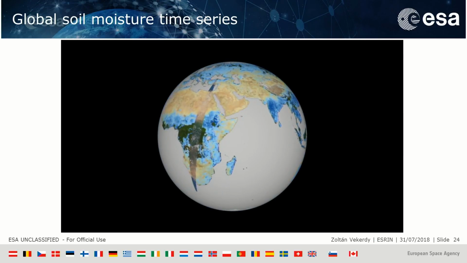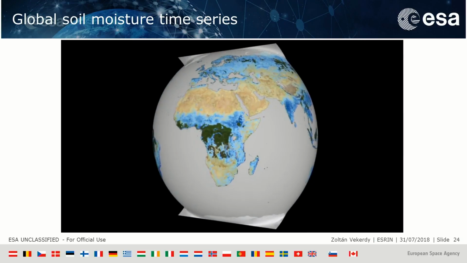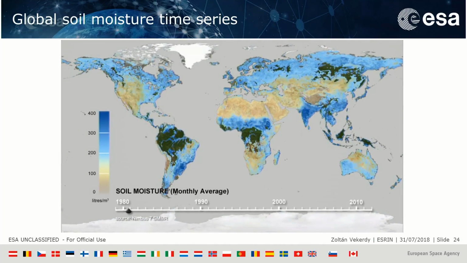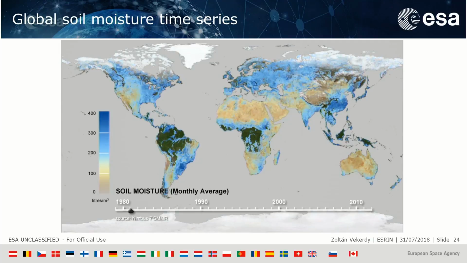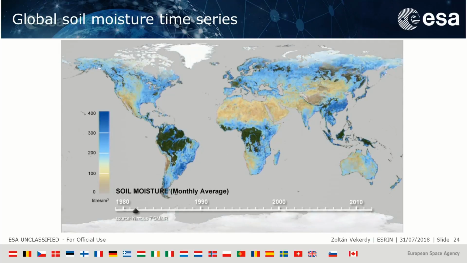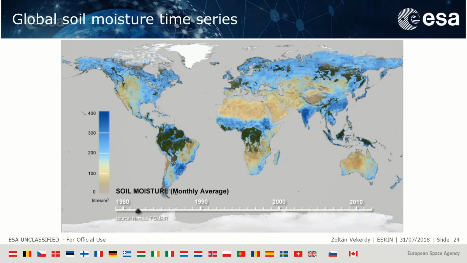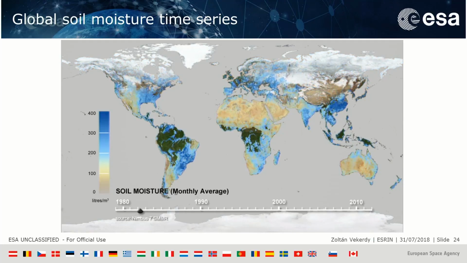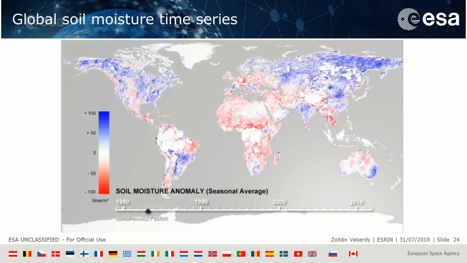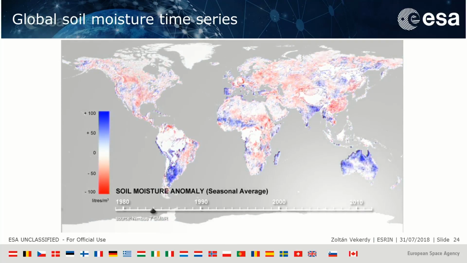So this shows how gradually, with satellite images, you can cover the globe. And then there is a timeline from the end of the 70s, from calculated monthly average soil moisture of the globe. And you can see very nicely how the soil moisture is changing.